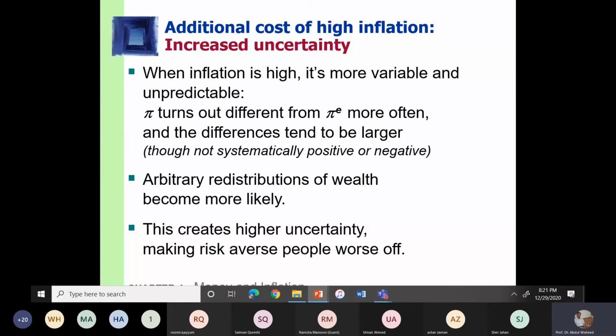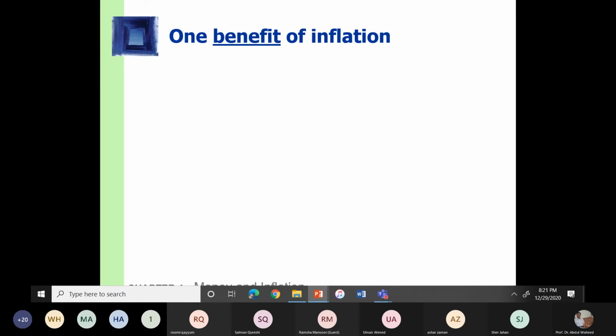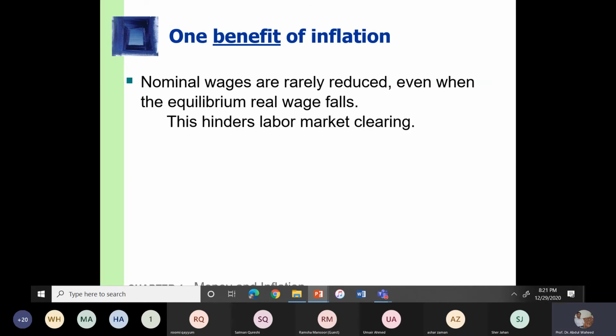There are risk averse people, and there are people who like risk. So higher inflation makes risk averse people worse off. And there is one benefit of inflation: nominal wages are rarely reduced in the economy, even when equilibrium real wages fall.